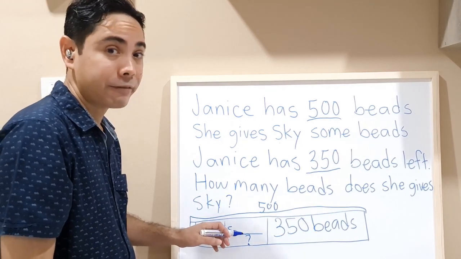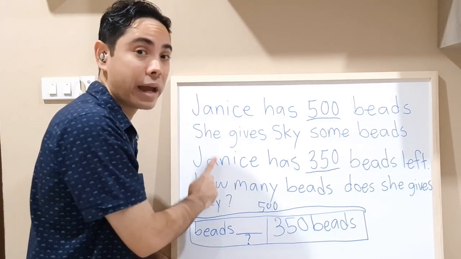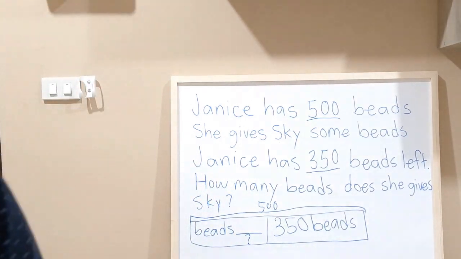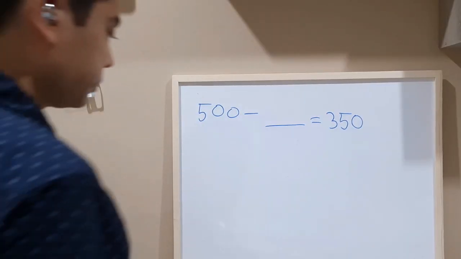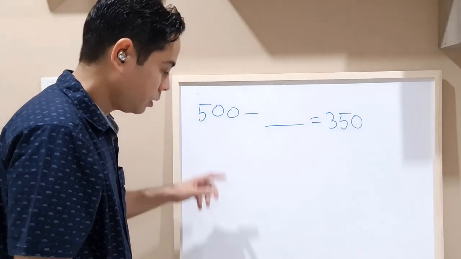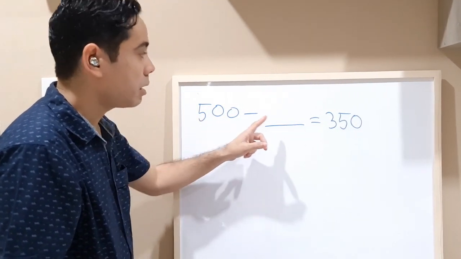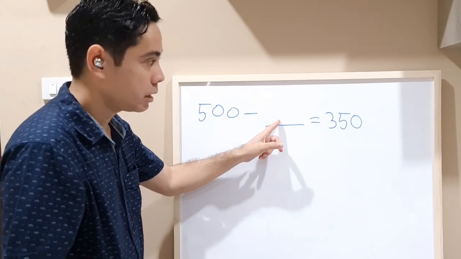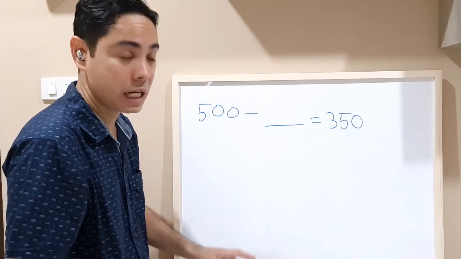I will pause the video so I can write again. Okay, let us continue. We write 500 beads minus blank equals 350, so let's find the missing number.